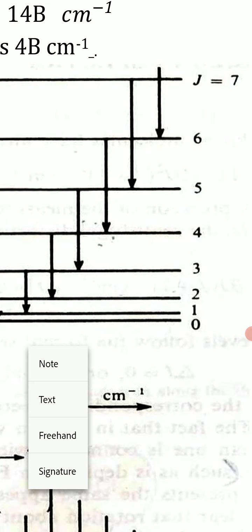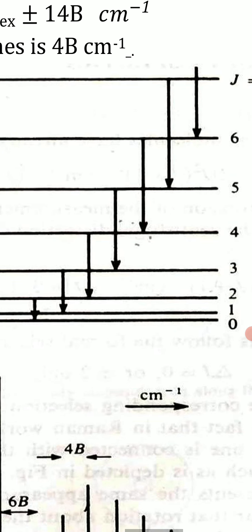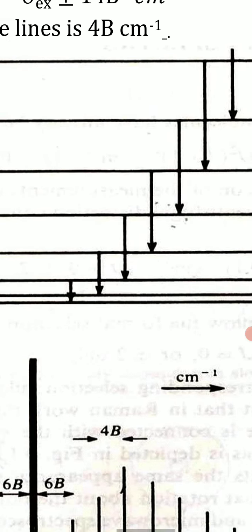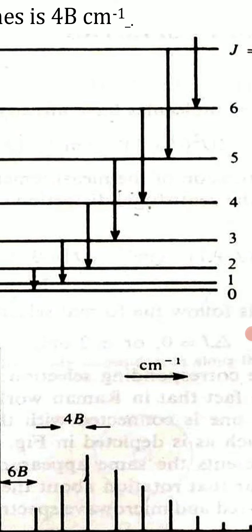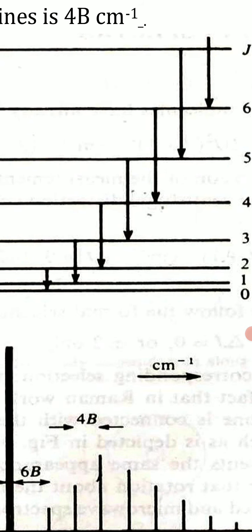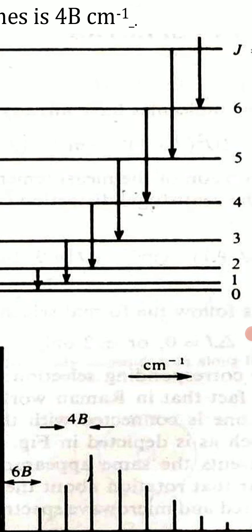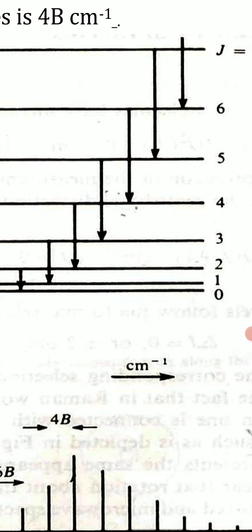Allowed transitions for delta J equal to 2 are shown here. This is the first transition from level of J equal to 2 to J equal to 0. Second transition is for J equal to 3 to J equal to 1 level. Other transition is from J equal to 4 to J equal to 2 level.